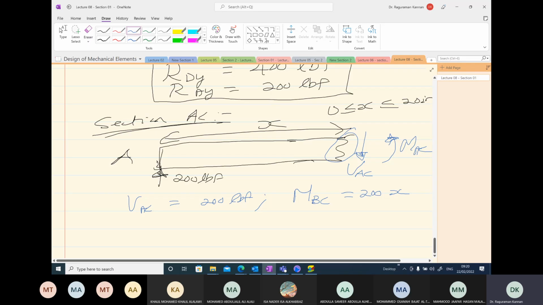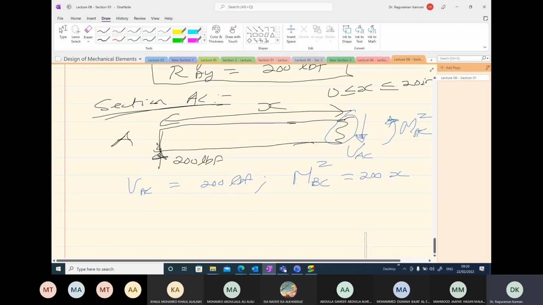And remember that this particular moment is about z-axis, so we write it with the z in the superscript. Right at point C, x value is 20, so 200 times 20 will get 4,000.